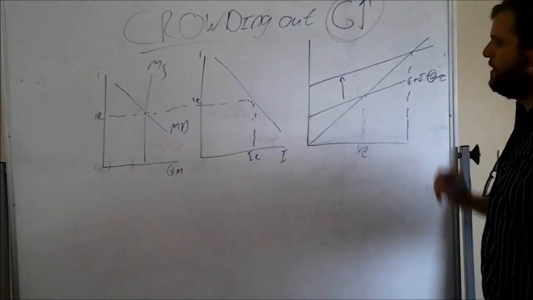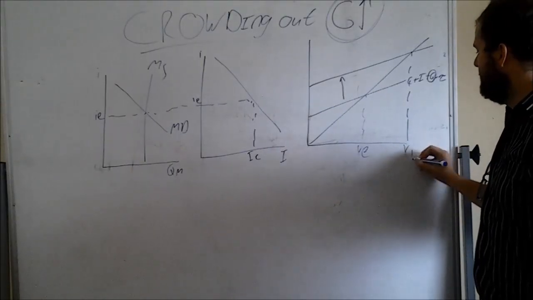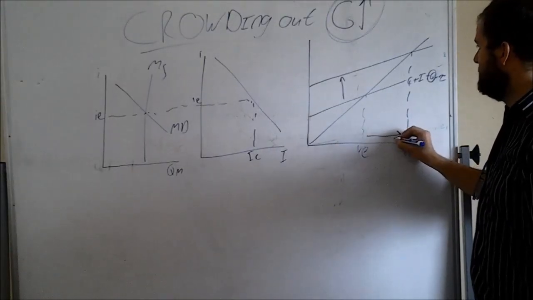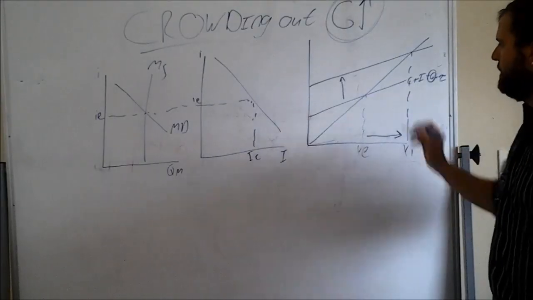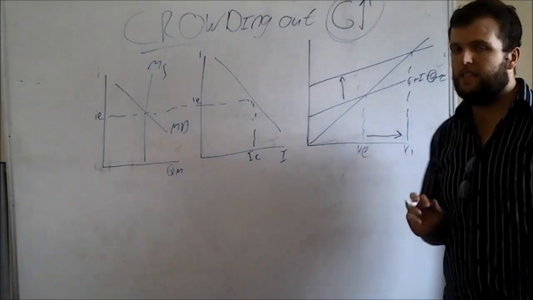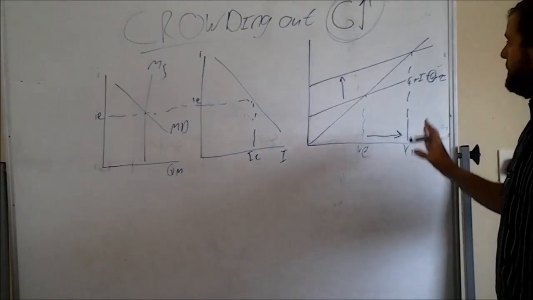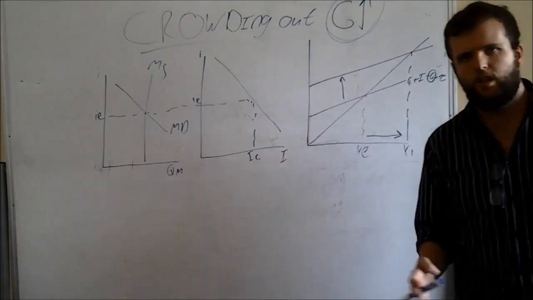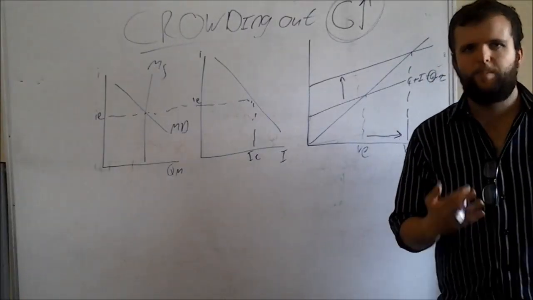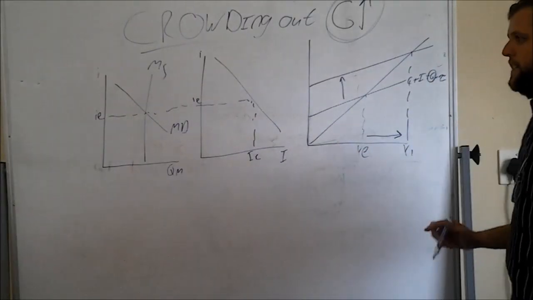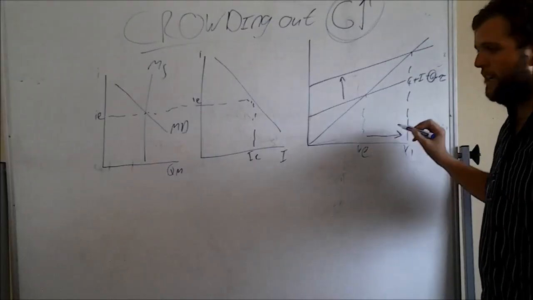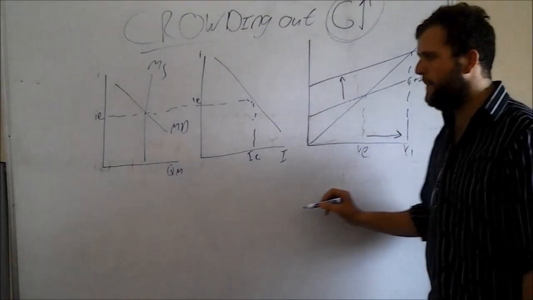What happens to income? Income increases. Your entire line shifts up, and your income increases. That's your primary effect. The government spends more money, creates jobs, creates production, creates income, everything is nice. But that action will have a secondary impact on your investment.